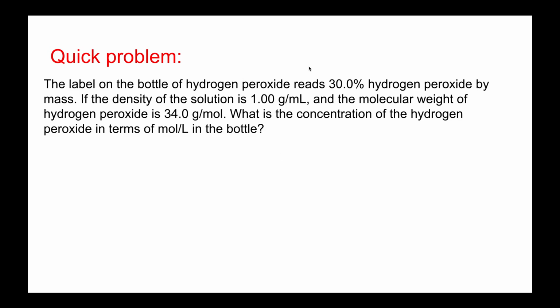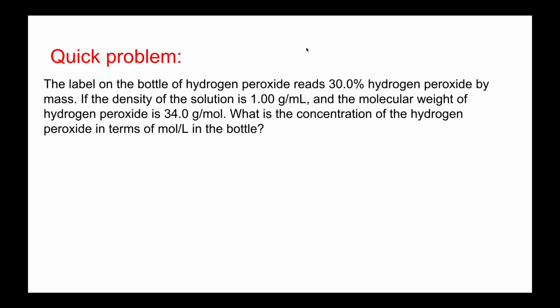This is a quick problem, just from your general chemistry books. I just want you to recall. Let's say we have 30% hydrogen peroxide. What is that in terms of concentration? Let's say the density of the solution is about 1 gram per milliliter, and I give you the molecular weight of hydrogen peroxide.